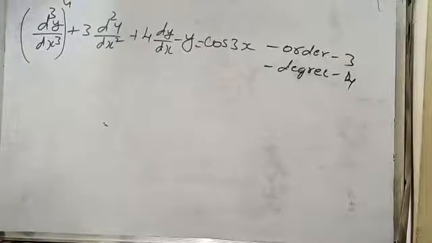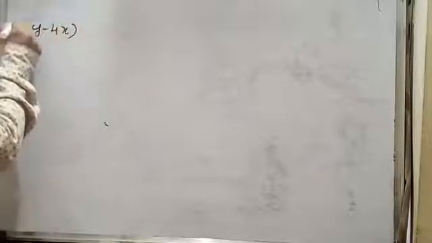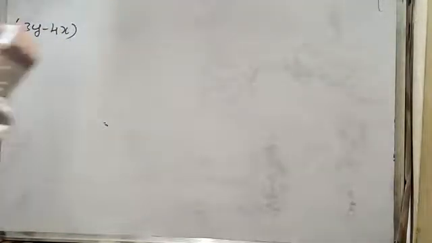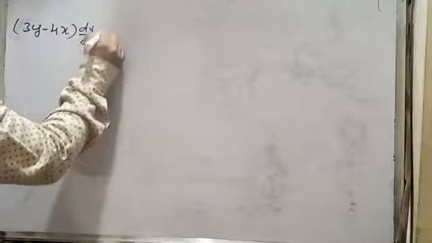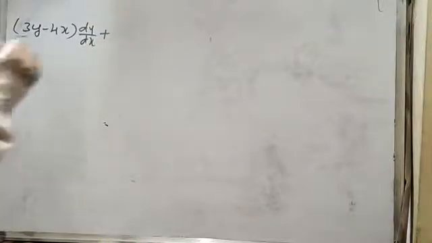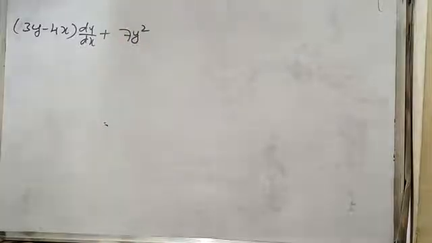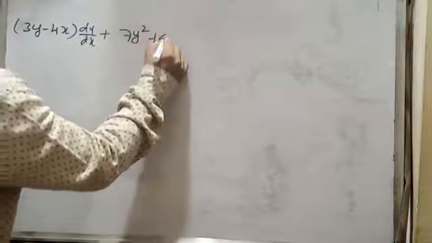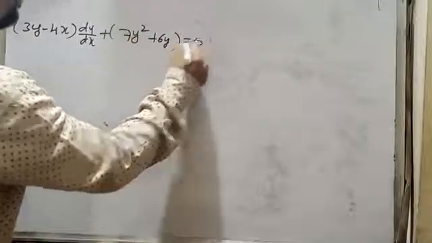Let me write one or 2 examples. 3 times y minus 4 times x into dy by dx plus 7 y square plus 6x is equal to 0.